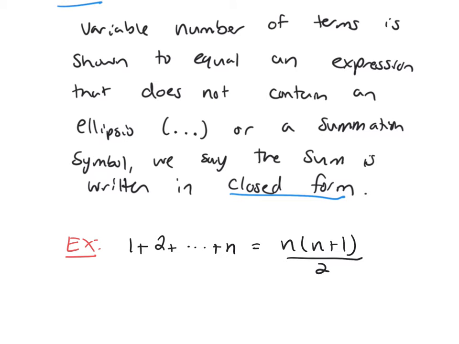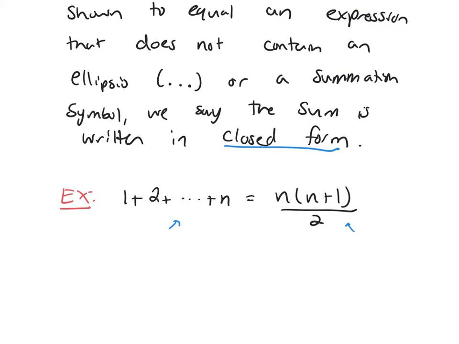If you see on the left here, I have a variable number of terms. It's not always the same amount. And if I look on the right, there's no ellipsis, there's no ..., and there's no summation symbol. So I could say this formula expresses this variable sum in closed form.